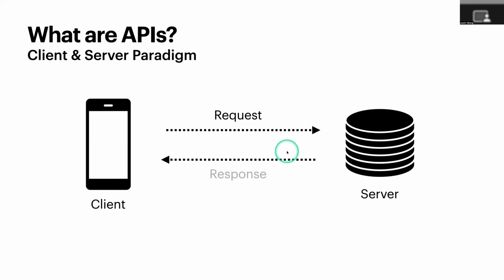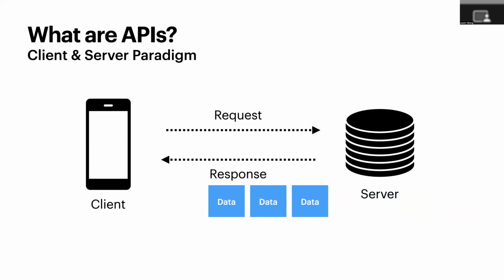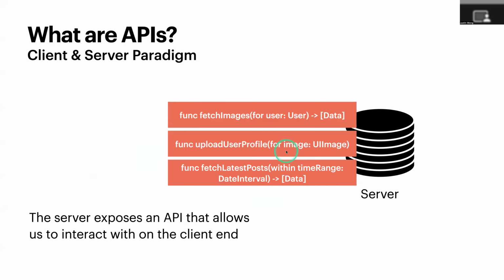And that server returns some response. Usually that response is pieces of data that we could use. And we could process that data locally and show it to the user appropriately, right? So it's kind of a request and response paradigm.